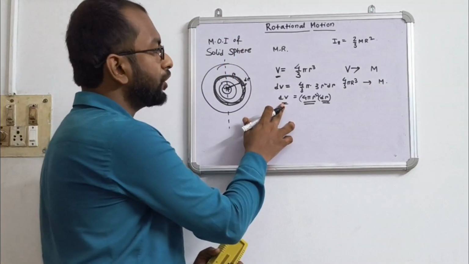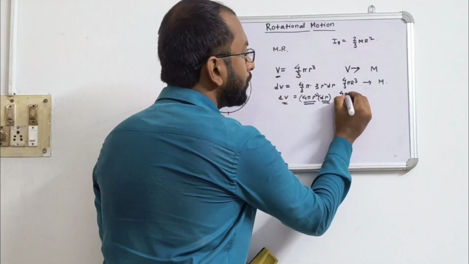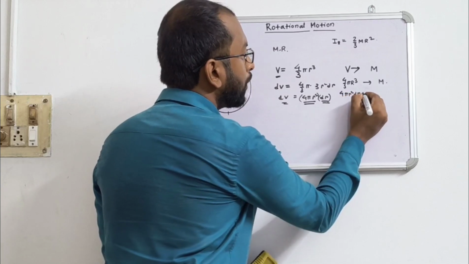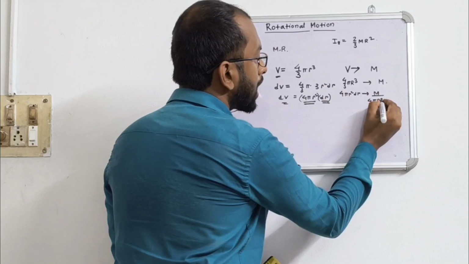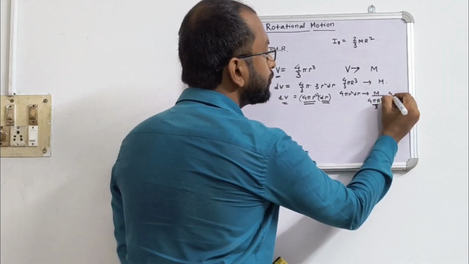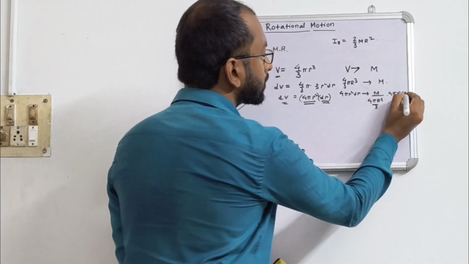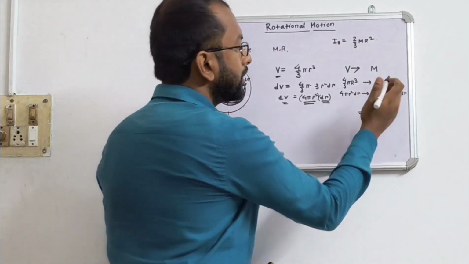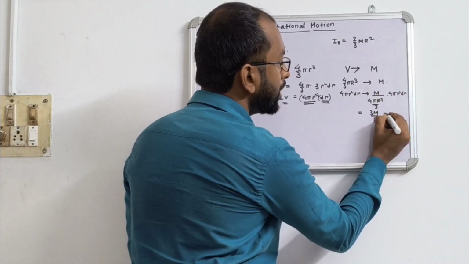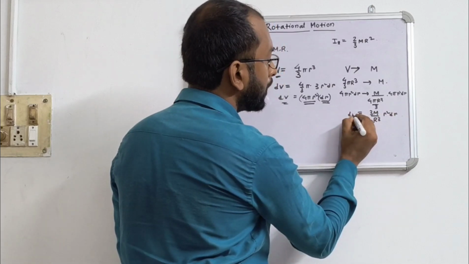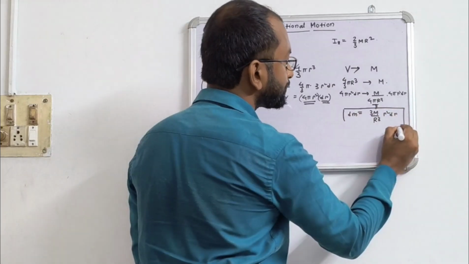Now for the differential volume, 4 pi r square dr, what is the mass? M by 4 pi R cube by 3 into 4 pi r square dr. That is 3m by R cube into r square dr. That is the small mass of the hollow sphere.